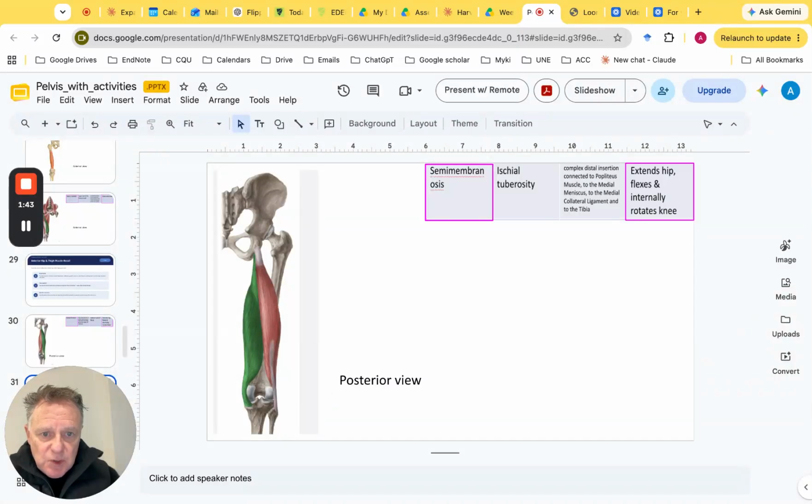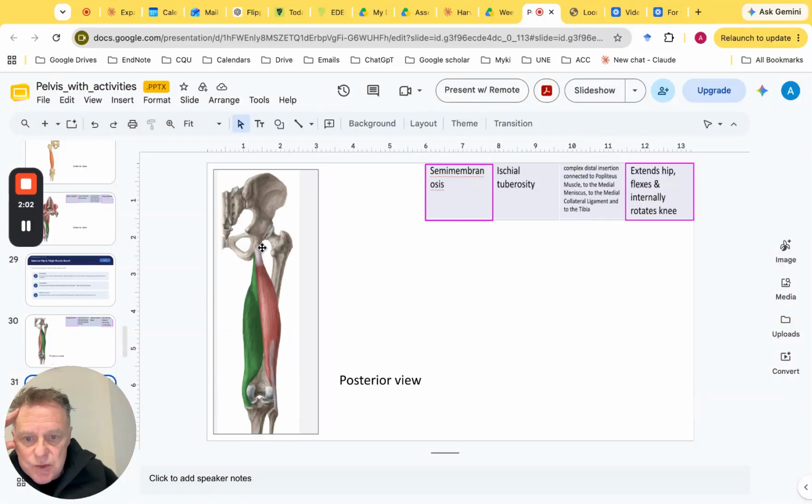All right, moving on. Semimembranosus, again this is a posterior view, has an insertion into a muscle known as the popliteal, I apologise. The origin is the ischial tuberosity, and it also crosses the hip and the knee, so it's going to have action at both.